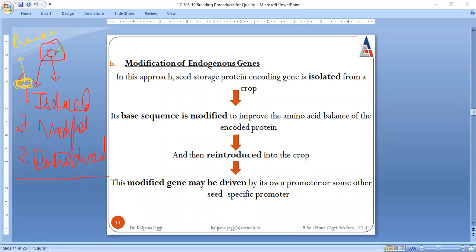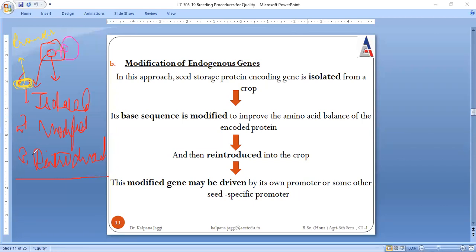But when it is taken out, that is, once it is isolated, modified and then reintroduced back into the cell, what about its regulation? Regulation is to be done by its own promoter or some other specific promoter. That means the promoter that is specific to this modified gene is to be introduced.